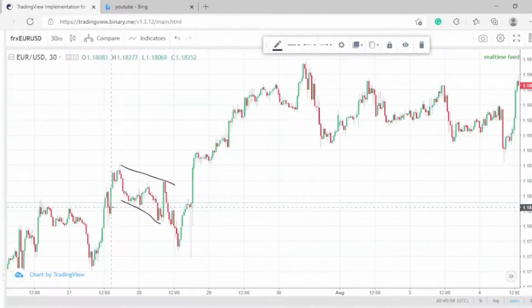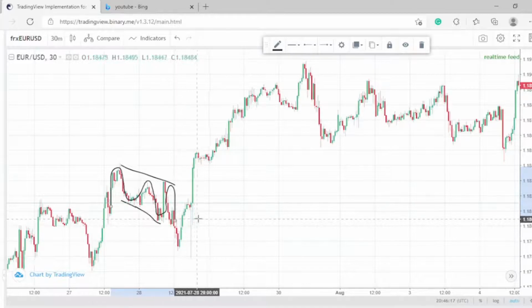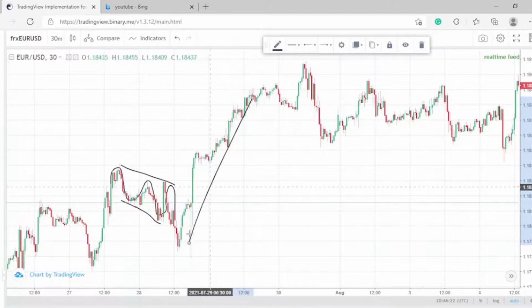You can see the market move from this direction, pull back deeply, move back up, pull back deeply again, and pull back downwards like that. As compared to this move here to the upside, which was moving up impulsively, this one is moving in sort of a downtrend but with deeper pullbacks.